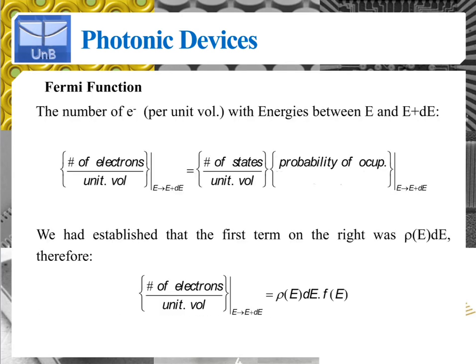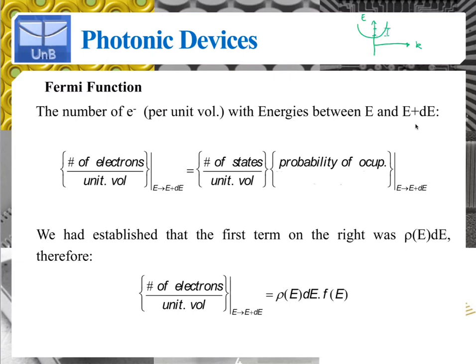Now that we have the Fermi function, or the probability of occupation, we can calculate the total number of electrons with energies in a given range, right? So as we have been talking about, you have the band structure, and it would be interesting to be able to find out the number of electrons that have energies between a given start energy and a final energy.